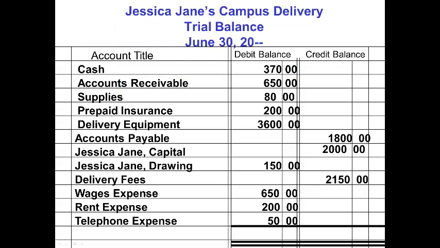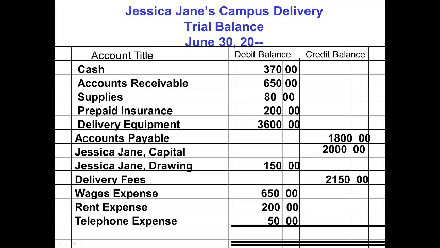Okay, here's an example of a trial balance. Notice we've got the accounts listed down the side. We've got their balances over on the right. Notice that cash, accounts receivable, supplies, prepaid insurance, and delivery equipment are all assets, so their balances are on the debit side because they're all increased with debits.